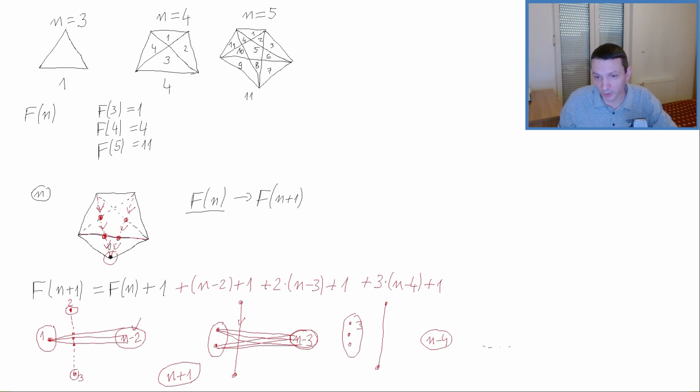And I go on with this, and the last case will be when I have only 1 point on the right and n minus 2 points on the left. Now I am in the symmetric case of the first case, where I can join this 1 point with each one of these n minus 2, thus obtaining in that last case n minus 2 intersection points, and plus 1 is the number of new areas obtained.